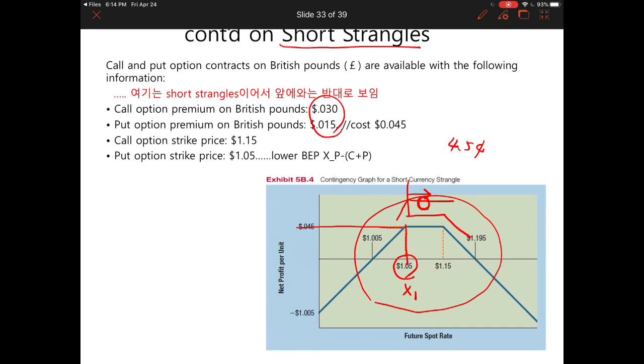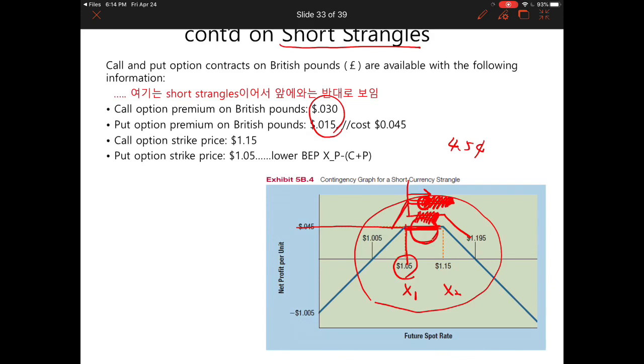So for this area, from the put position there is no exercise request, and the same thing, there is no exercise request from the call option purchaser. So I can just keep this 4.5 cents between X1 and X2, the higher exercise price.